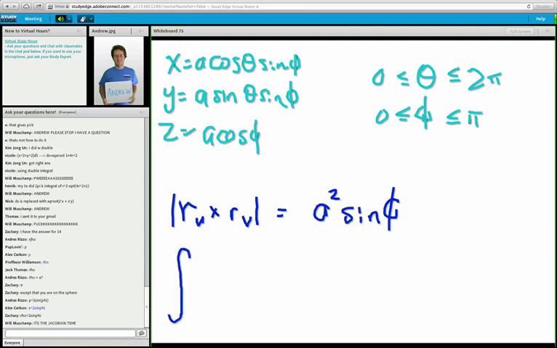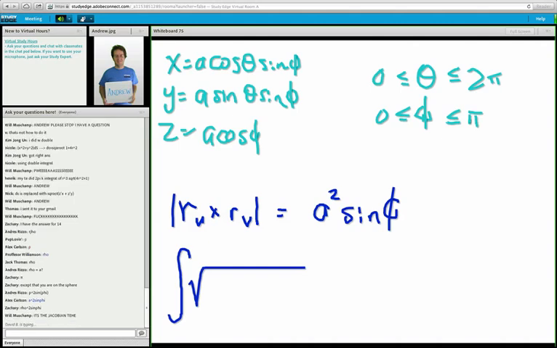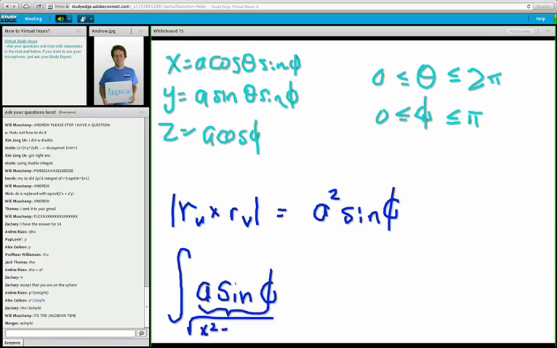Step 3 is sub in. So we're doing the square root of x squared plus y squared. If you plug in x equals a cosine theta sine phi and y equals a sine theta sine phi, and then take the square root, that gives you just a sine phi. I know a lot of you probably didn't want to plug it in, but you actually have to give it a shot.